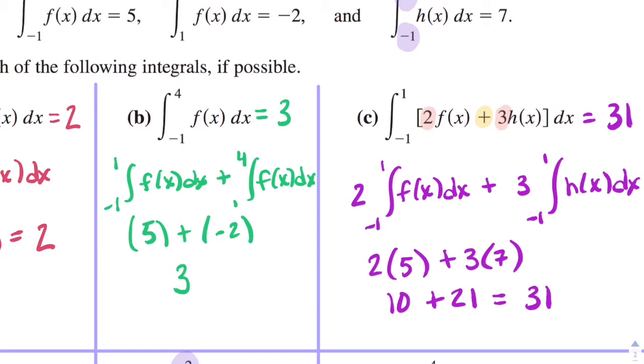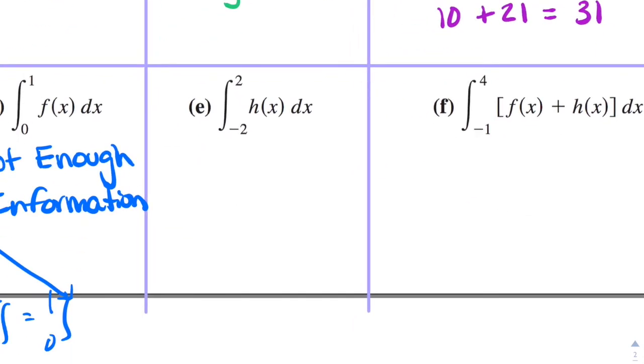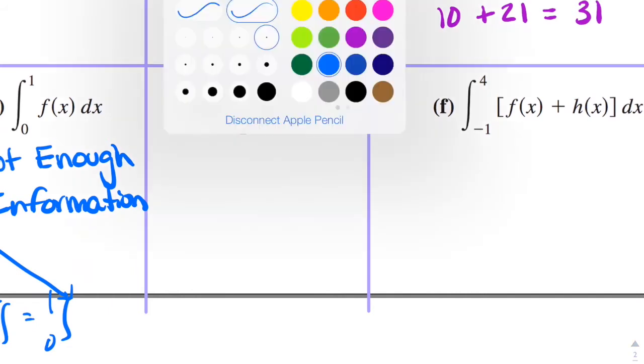If this was a constant function, fine, but we don't know that it is. We have to make sure we're not making inappropriate guesses. So this one's pretty easy, not enough information.